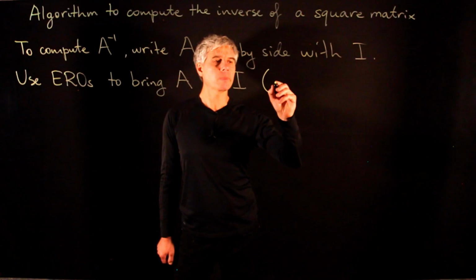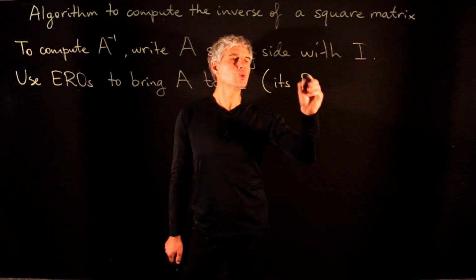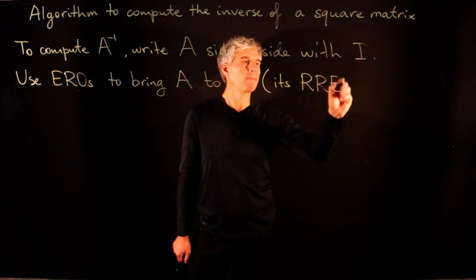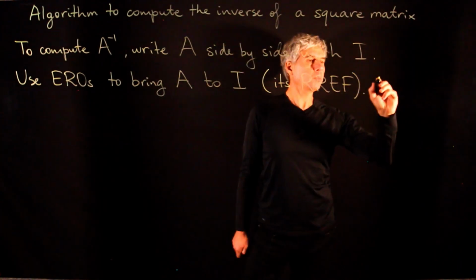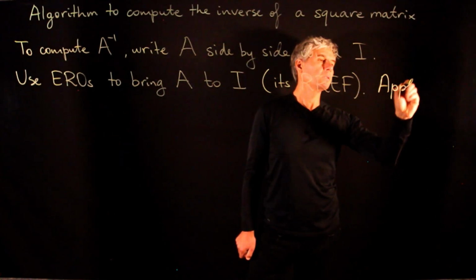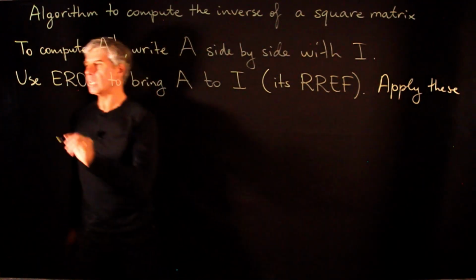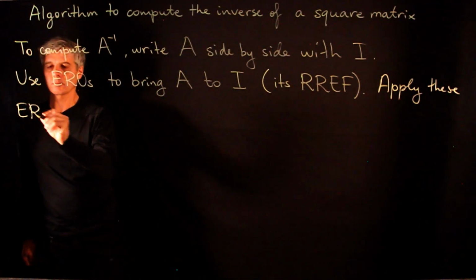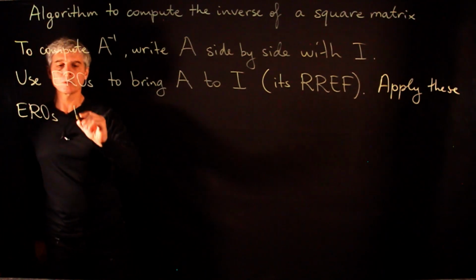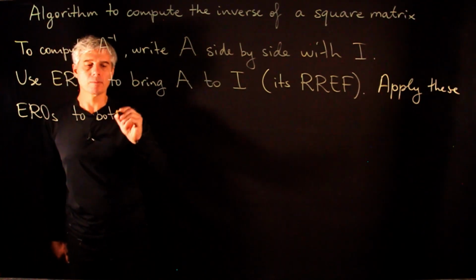So this will be its reduced row echelon form. Apply these elementary row operations to both matrices.